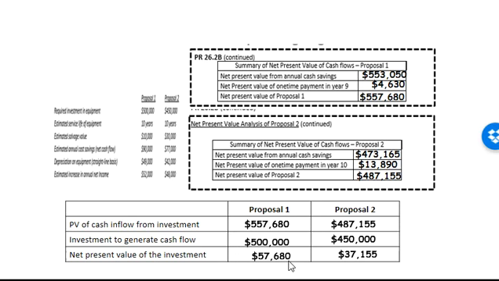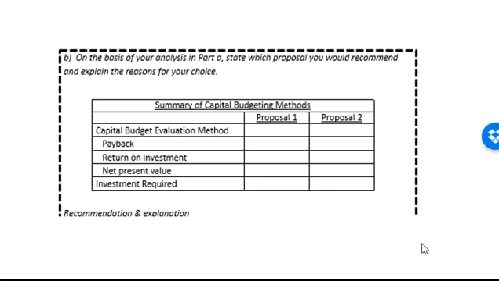Okay, now in this last slide we're going to summarize all three investment analysis techniques and see how they compare. Here we have proposal 1 and proposal 2 again, and I'm going to put in the data regarding the different proposals. Under the capital budget method, payback: for proposal 1, the payback was 5.6 years.